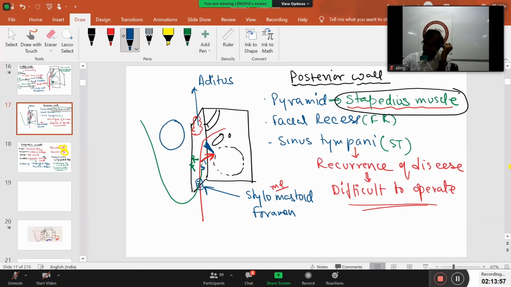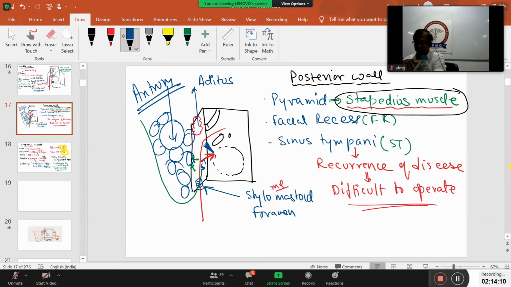There is a big cavity and there are small cavities around it. This big cavity is called the antrum. Antrum. So this whole thing is the mastoid.